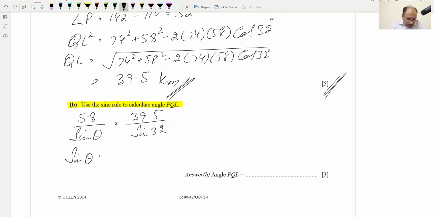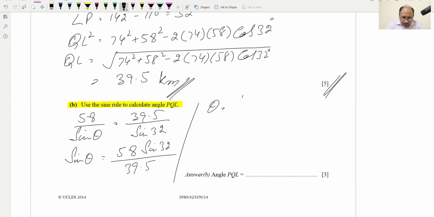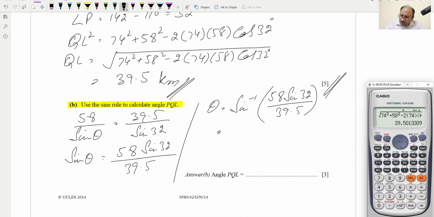So sine theta is equal to 58 sine of 32 divided by 39.5, and we can write theta will be equal to sine inverse of 58 sine of 32 degrees divided by 39.5, and we can use the calculator for that one.